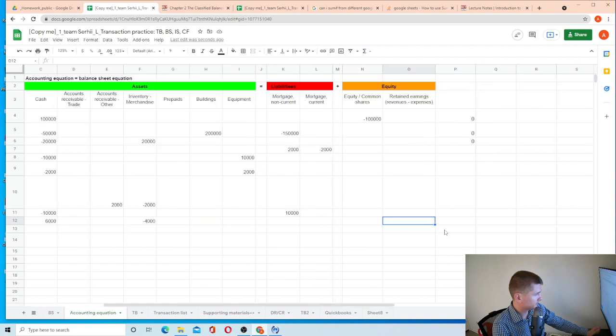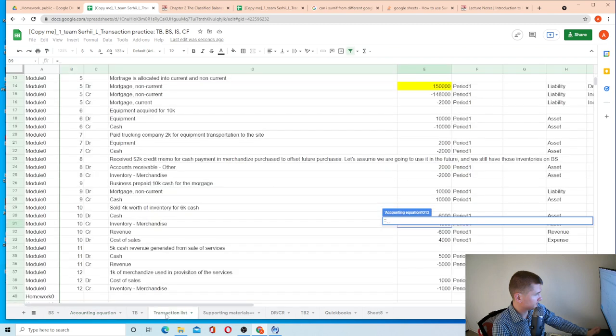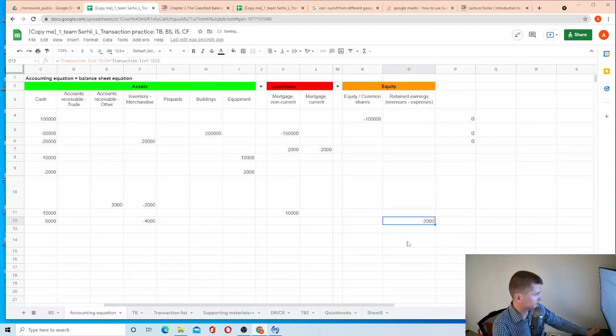For the sake of simplicity, I book revenue directly in equity in retained earnings. So we generated some revenue, and we also incurred some cost of sales from inventory sold. Let's see if everything balances so far. Yeah, everything balances. Great.